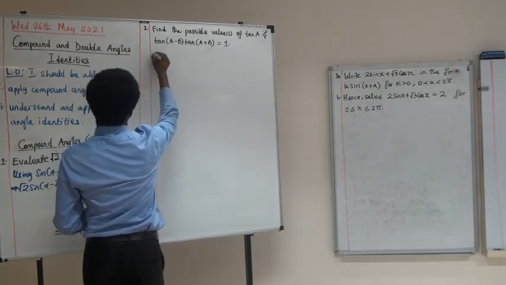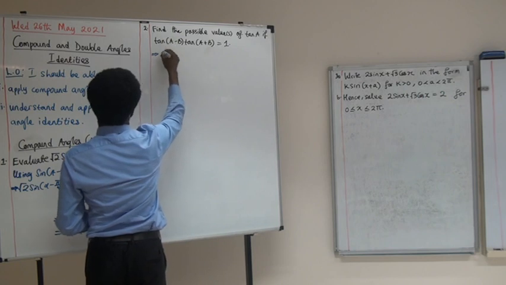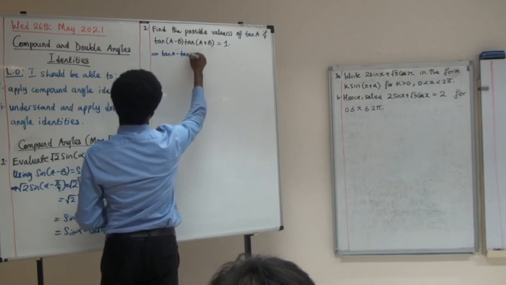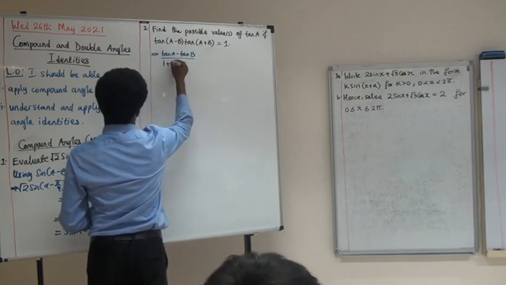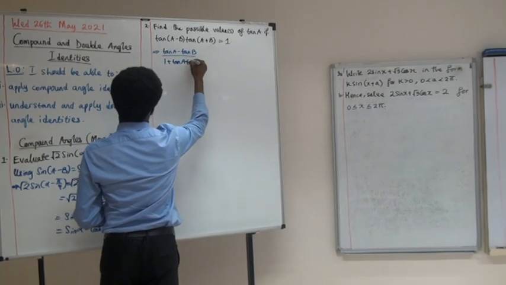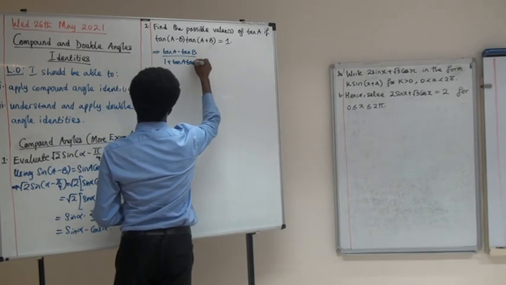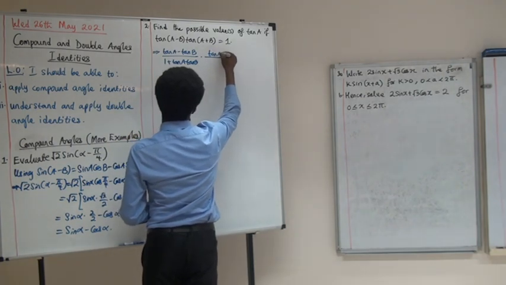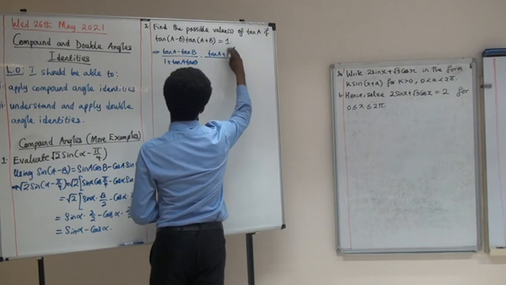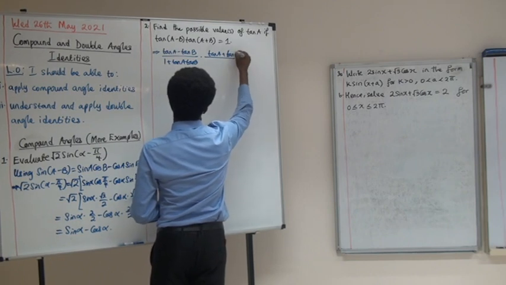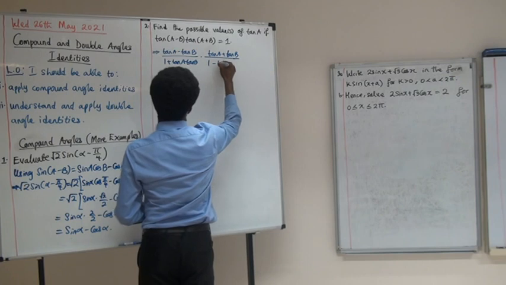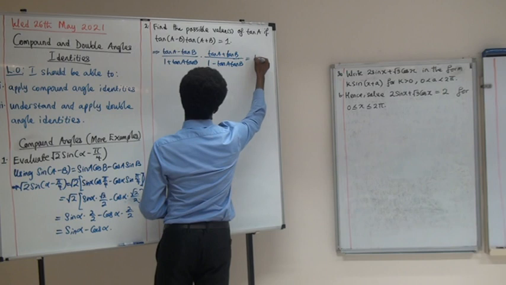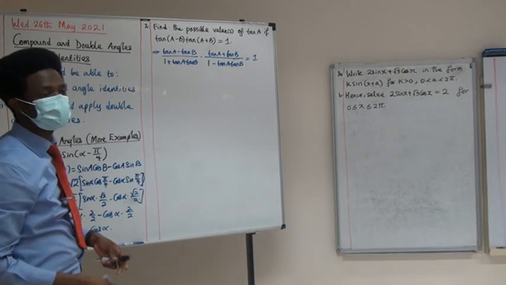So basically, what is tan A minus B? Tan A minus tan B over 1 plus tan A tan B. Good. And this is tan A plus tan B over 1 minus tan A tan B. What do you notice?